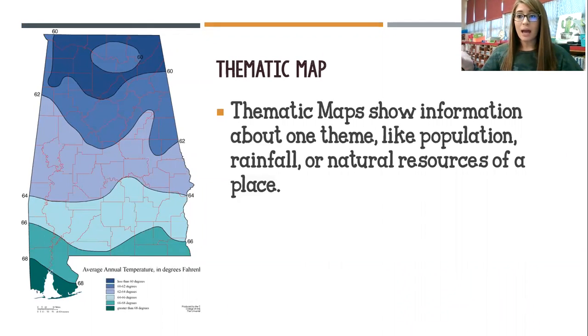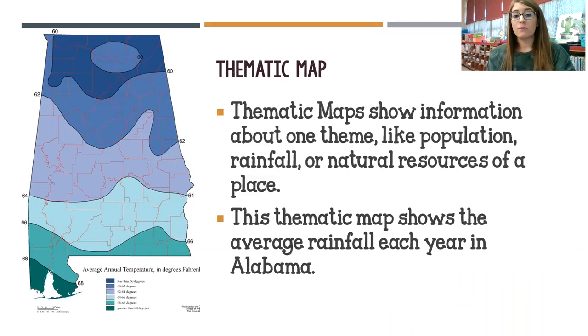The election just happened last week, and it showed what color each county was if you looked at a small enough map and zoomed in enough, or it showed you which color each state was, whether it was blue or red. So you saw an example of a thematic map if you watched the election results at all. So that was another way that these thematic maps or themed maps can show information.